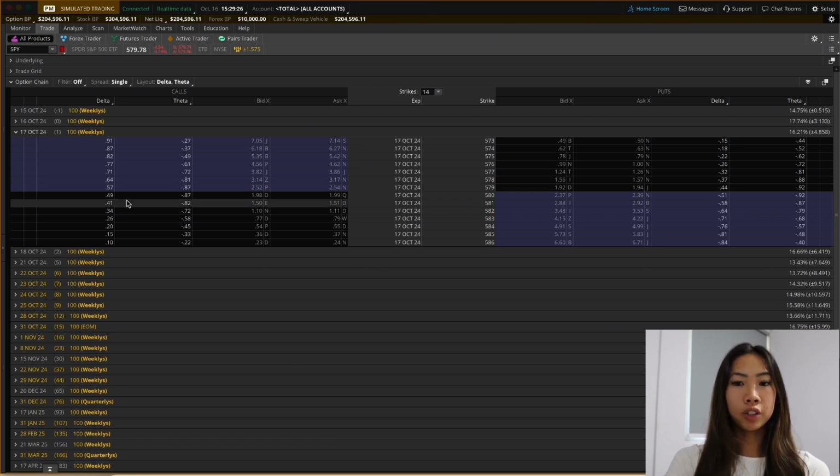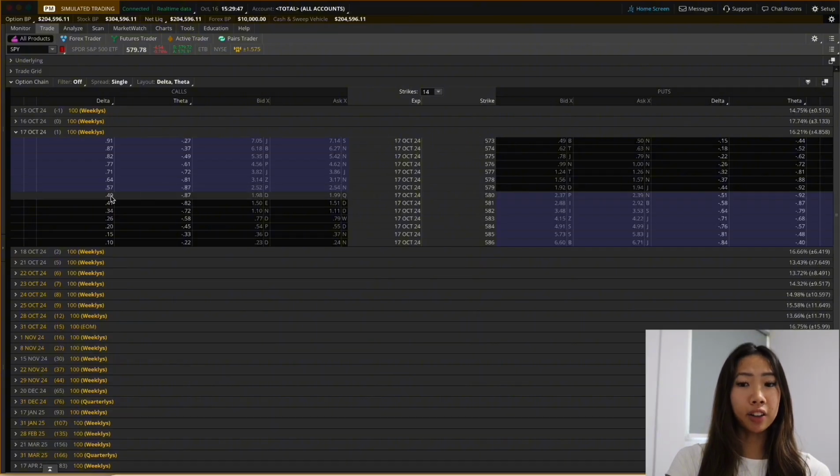That's just my rule. So looking down here, because we clicked on different dates, we're going to have different numbers shown. So here, even if I choose $49 here, this is 49 gain, and then an 87 loss. So this is bigger than this number. The theta is bigger than the delta. I'm not liking this.